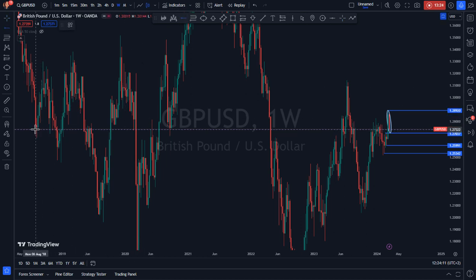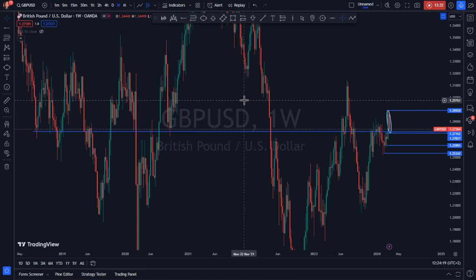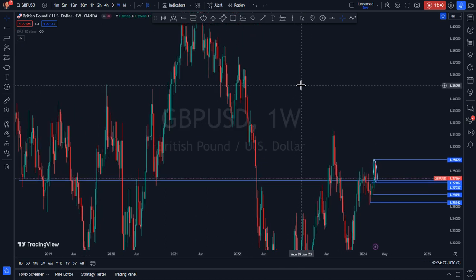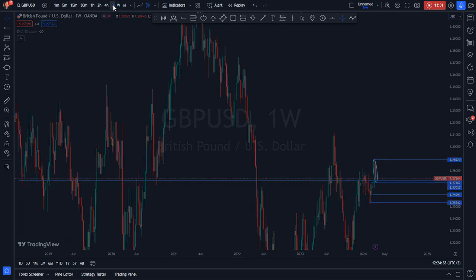I think it was somewhere here, something like this, whereby we said the market rejected here and pushed the market up. The market rejected here and pushed the market down. The market rejected here and pushed the market up. So we can also say that this line right here is a bit sensitive, that we can make use of as a reference.